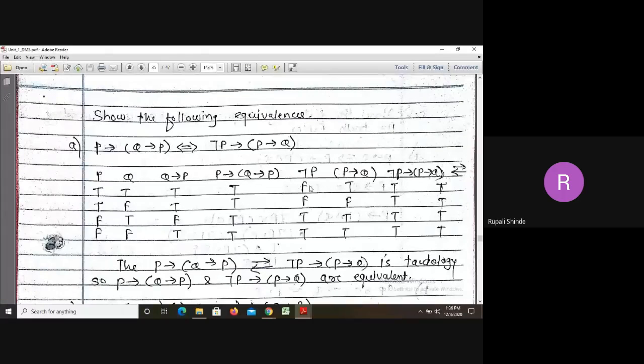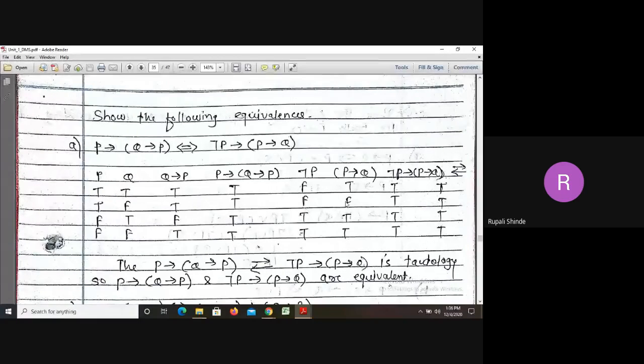Now next one is negation of P. So for this negation T becomes F, F becomes T. So TTFF becomes FFTT. Now next one is P conditional Q. So check here in this second row we have written combination TF.